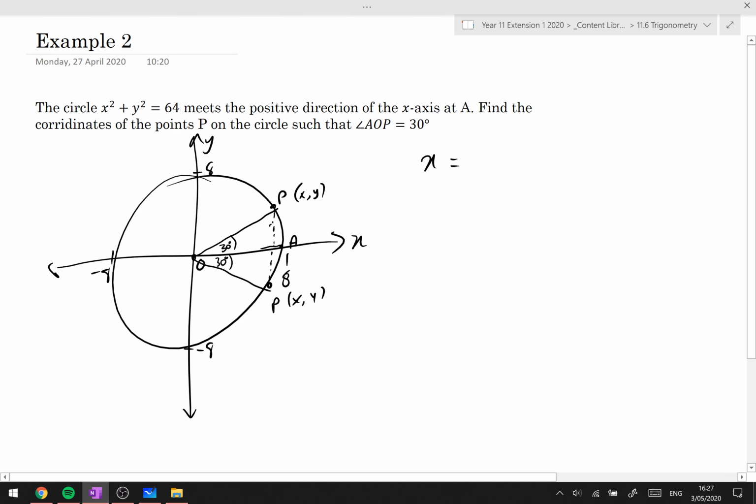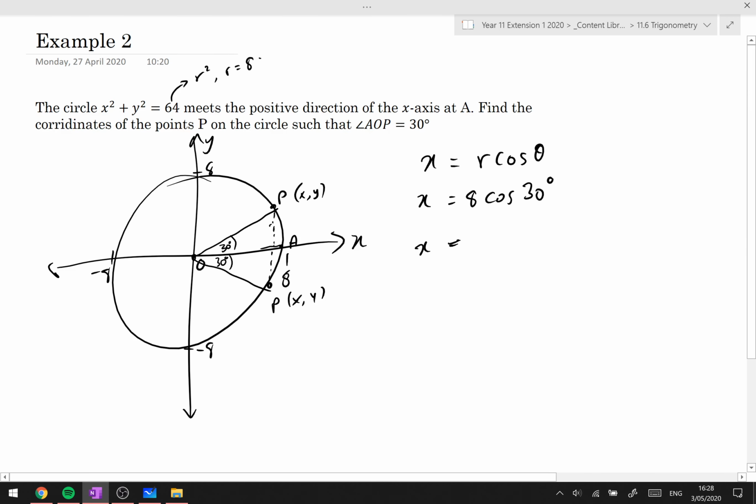So x is equal to r cos theta, and this is how we're going to find our x. The radius of the circle is 8, because 64 is r squared, so r must be equal to 8. Then cos of the angle we've got, which is 30 degrees. All we need to do is put that into our calculator.